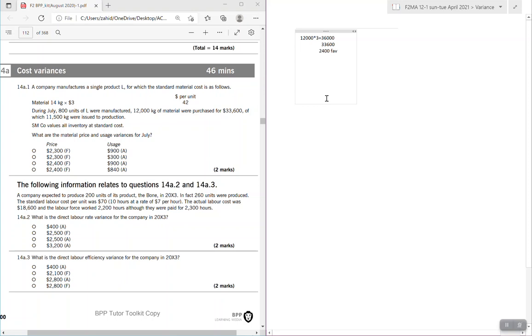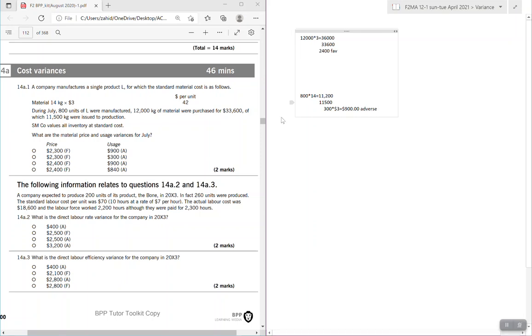So 8,000 units should have taken 1.4 kgs each, which should give us 11,200, and we used 11,500, which gives us 300 adverse variance. But obviously we need to convert it to cost, which at $3 gives us 900 adverse. So you can see I don't use formula, you just have to understand it conceptually.